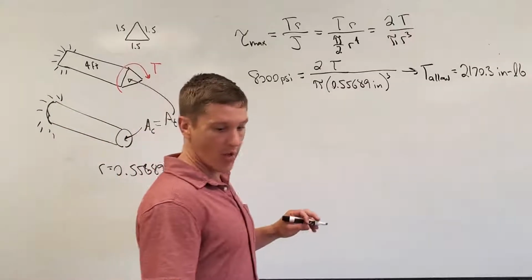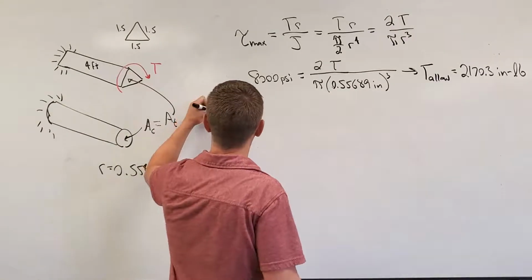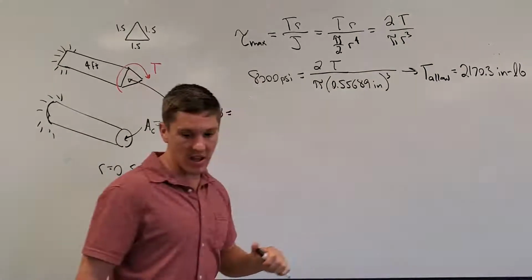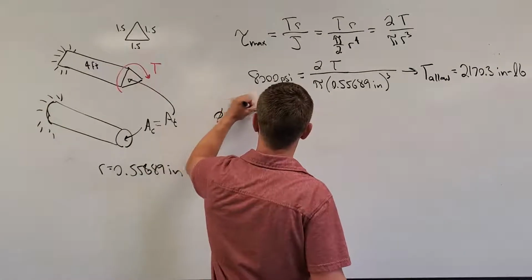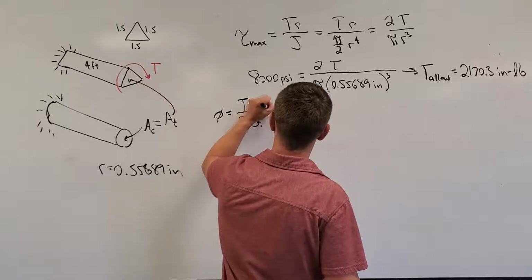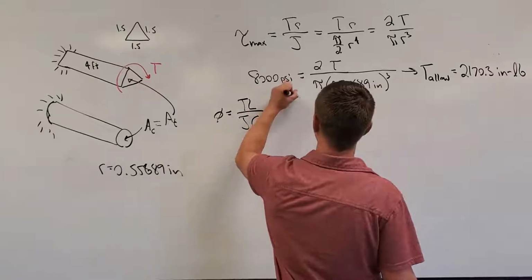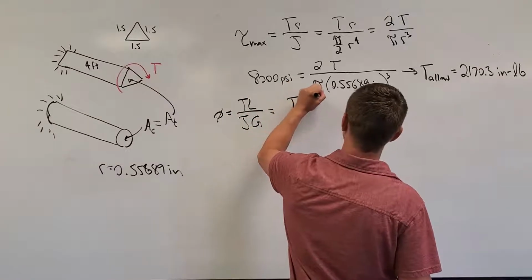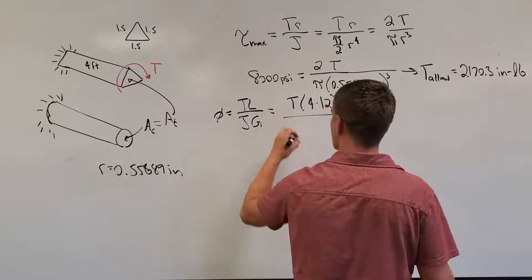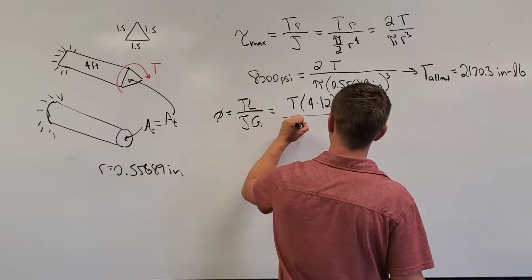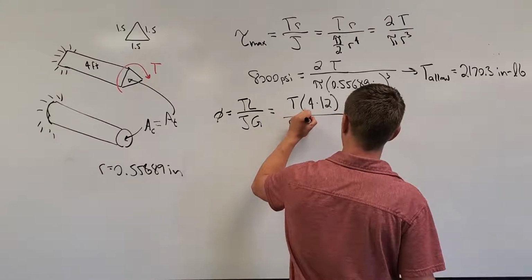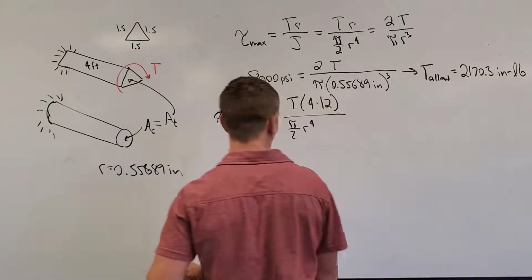And remember and recall that for a circular shaft, our angle of twist was going to be given as TL over JG, which is going to be equal to T times 4 times 12 to get it all into inches. J is still going to be pi over 2 r to the 4, which we know what r is.